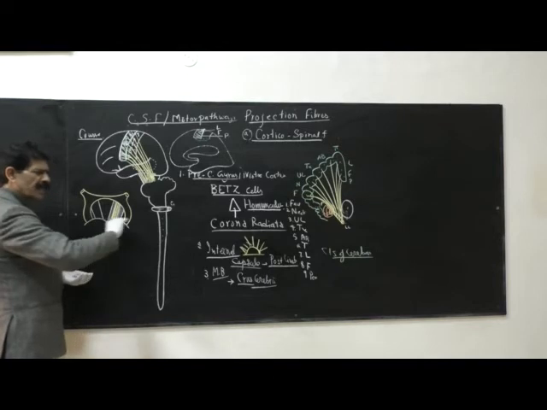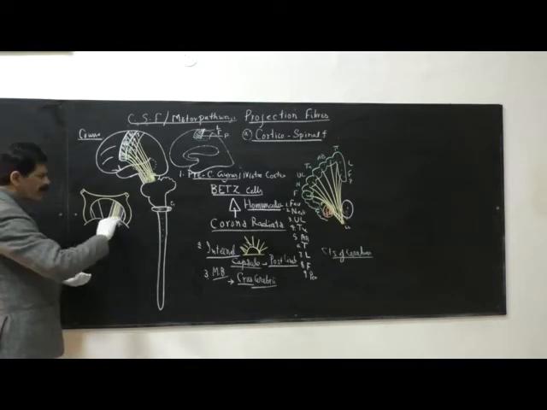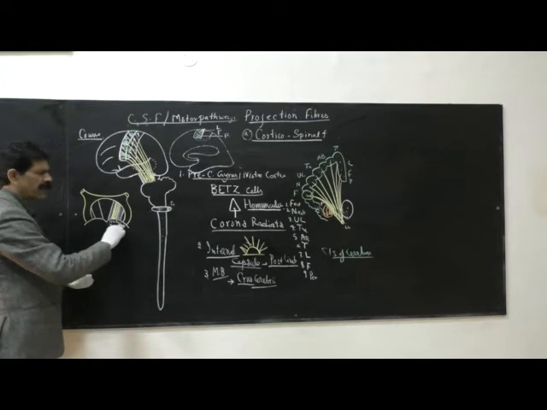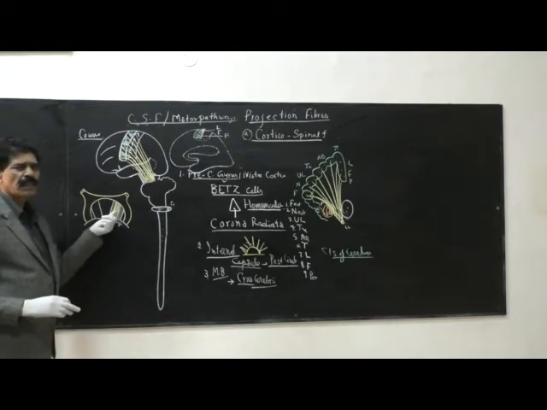So the body is represented again at 90 degrees, with the head medially and the lower limb lateral in position in the crus cerebri.